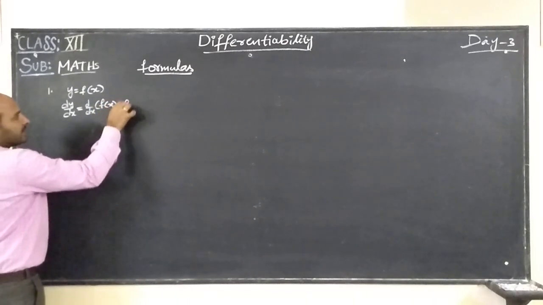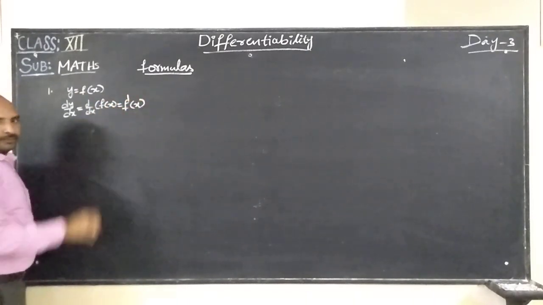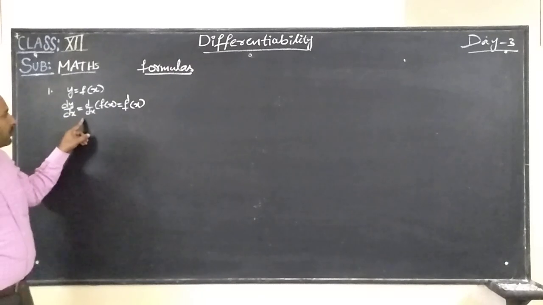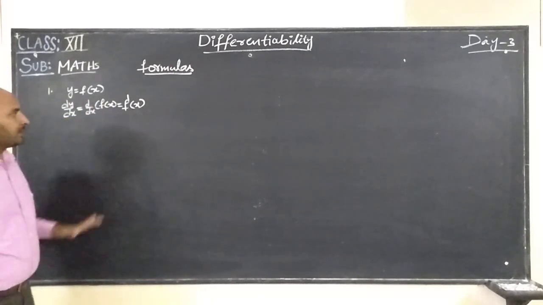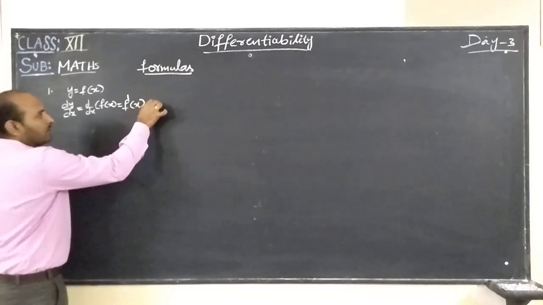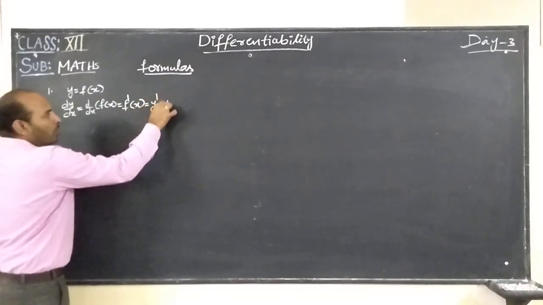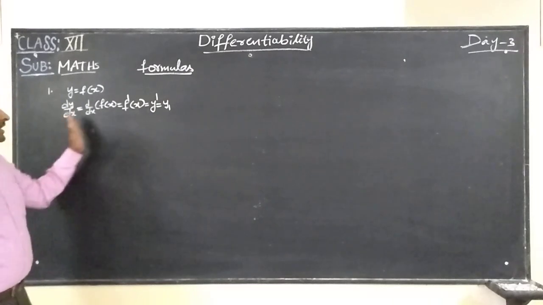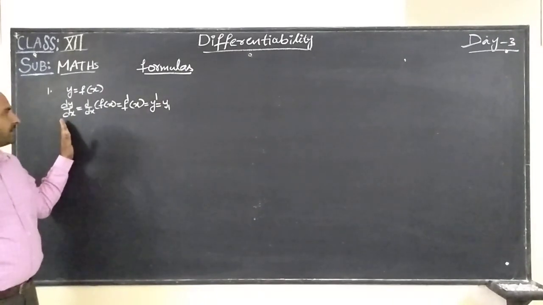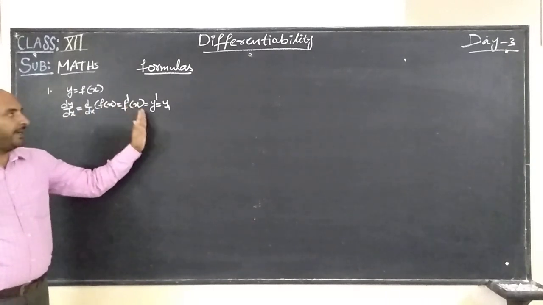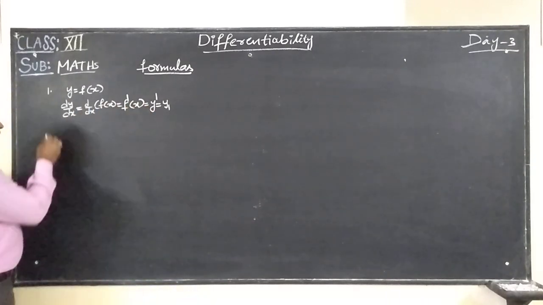You can write as f dash of x, or you can write as y dash or y1. This is the notation for the first order derivative: dy by dx, f dash of x, y dash or y1.